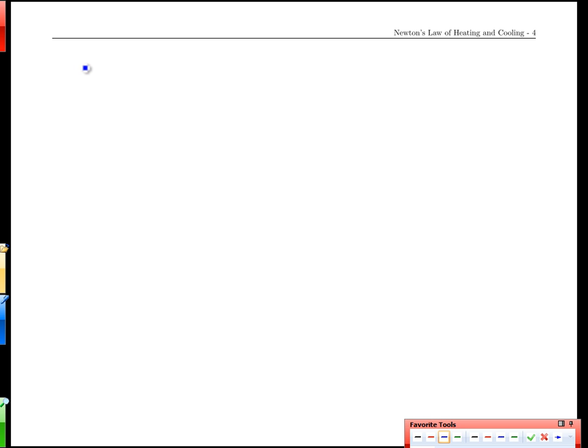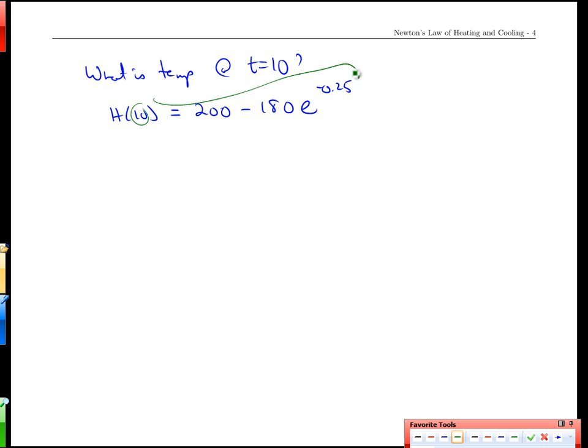So what is the temperature at time equals 10? Well, that is as easy as plugging 10 into our temperature function. It'll be 200 minus 180 e to the negative 0.25, and this 10 is our time value.